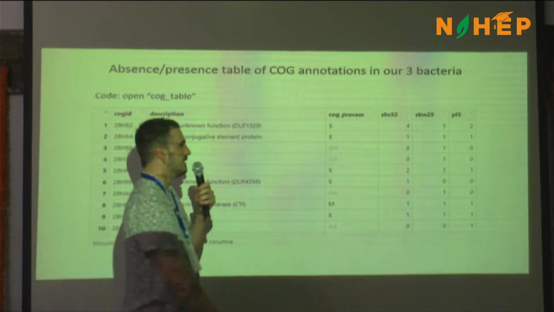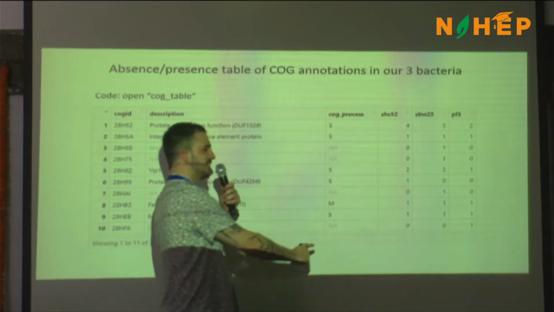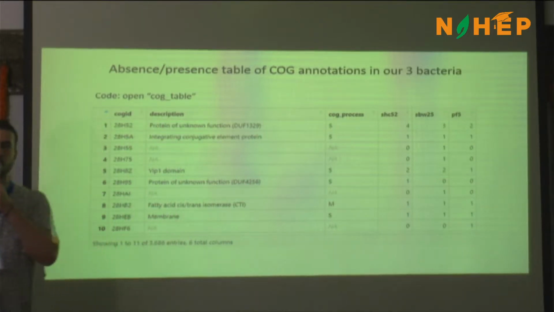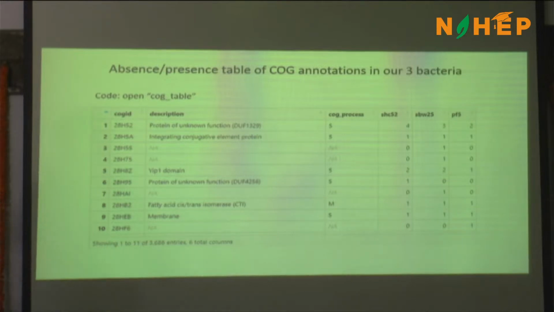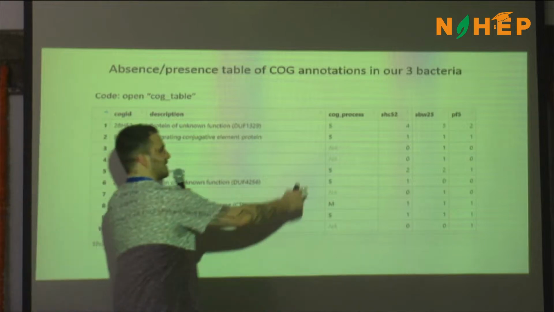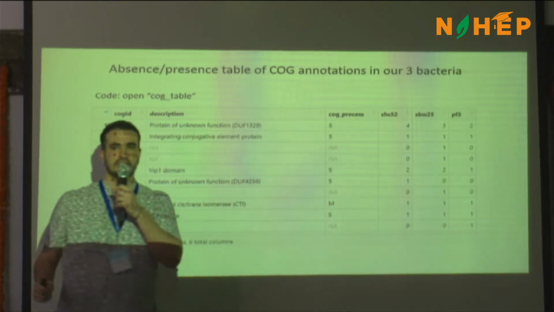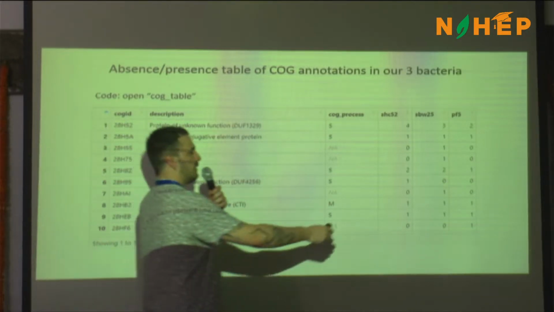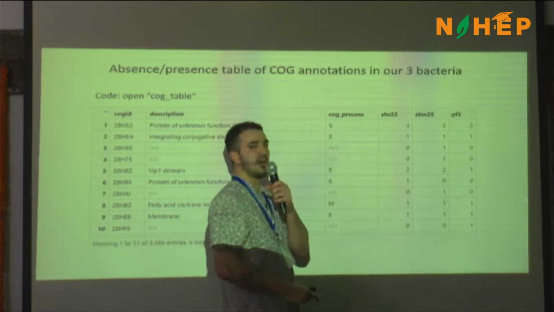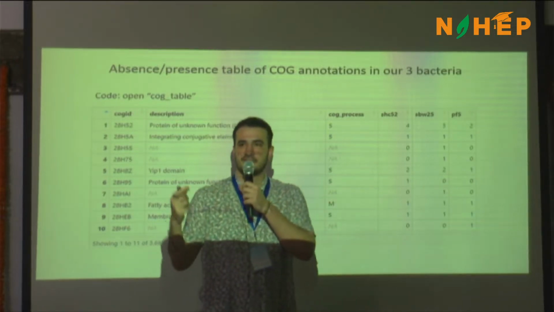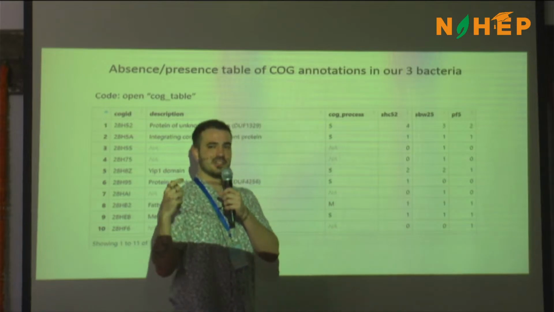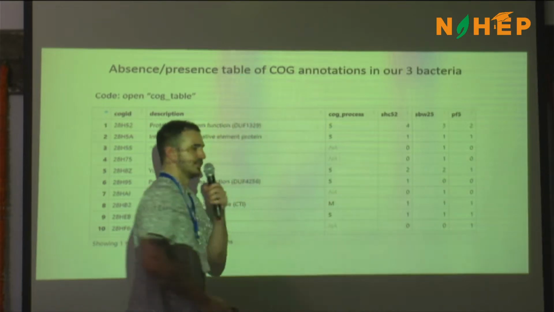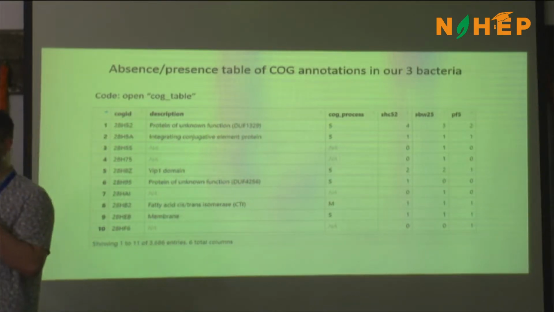And then here we have COG process. These are the general functions. So when we saw the previous plot with different colors, each color will be, for example, one of these letters. There are a total of 24 general categories, okay? And then here we have our 3 bacteria and how many times they have that annotation in their genome, right?